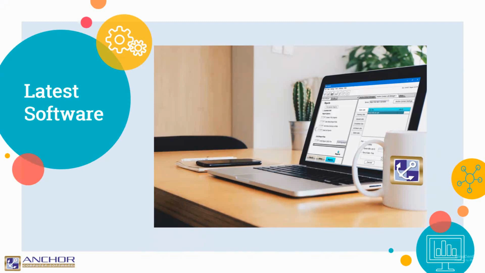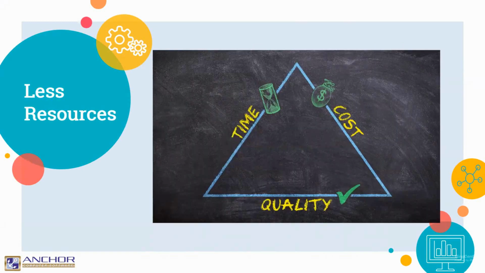That way you're maintaining the highest level of data accuracy and currency when it comes to your mailing processes. Again, with Anchor maintaining the databases, the software, and even the physical machine, that'll free up your IT resources to take on other important projects for your company.